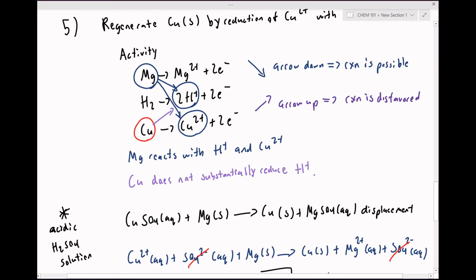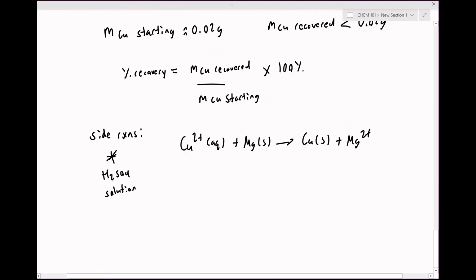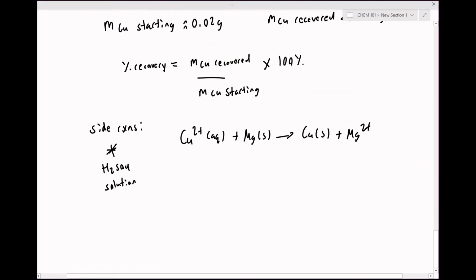If we look at our activity series, we can see quite clearly that magnesium reacts with H+, right? So then, just as magnesium is reacting with copper, we also have our acidic solution reacting with our solid magnesium to generate magnesium 2+ aqueous and H2 gas, hydrogen gas.